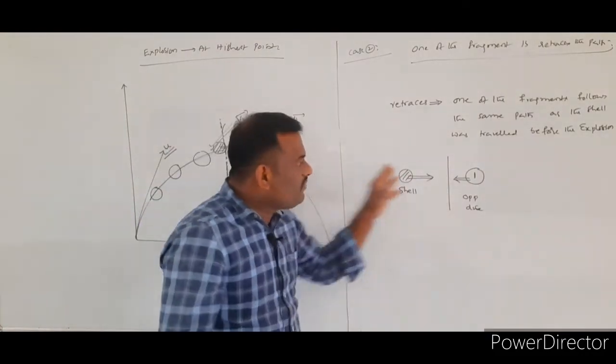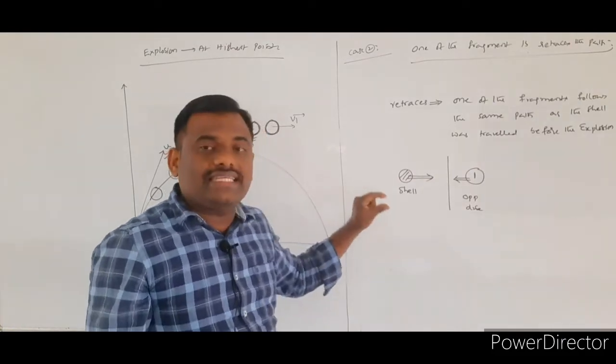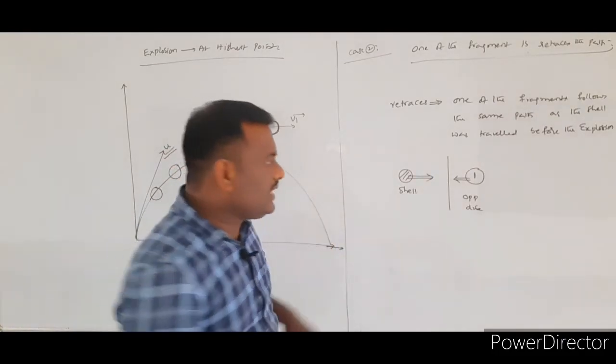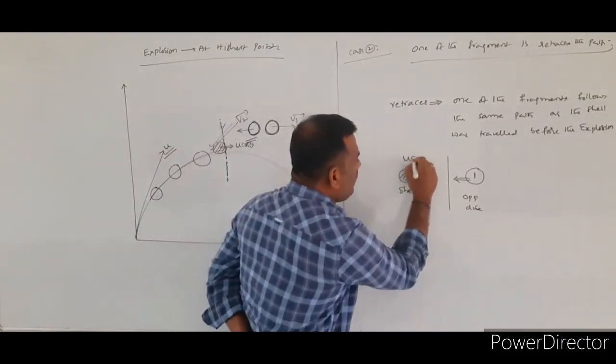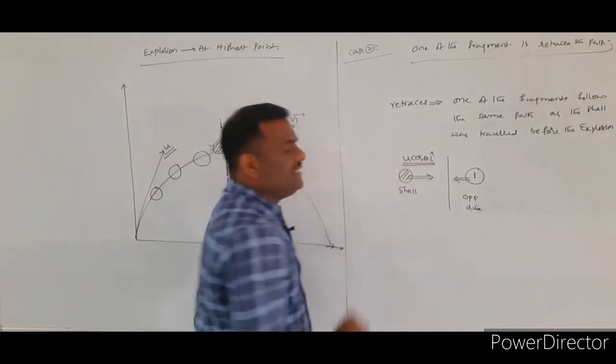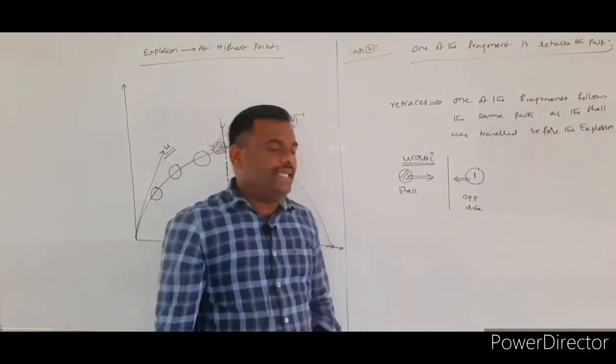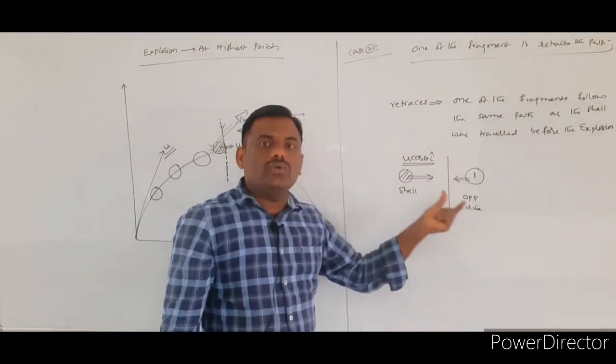If the shell is moving in this direction before the explosion, what is the velocity of the shell before the explosion? It is equal to u cos theta into i cap.